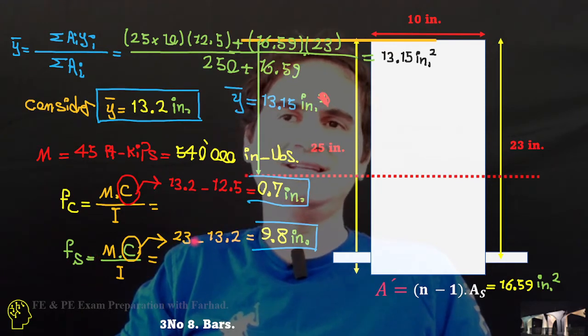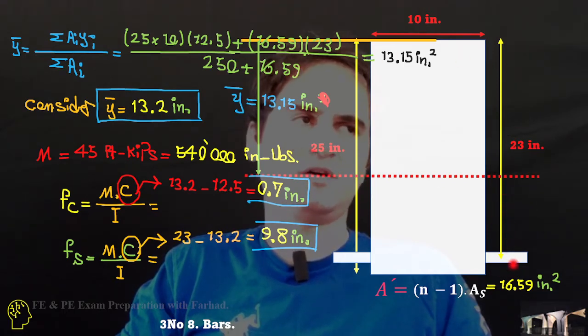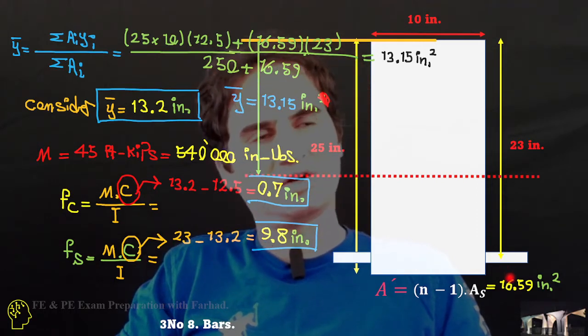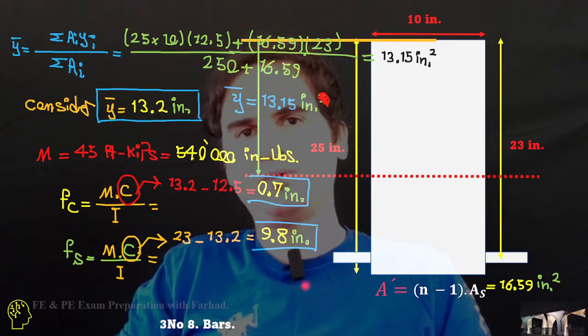For steel, that's 23 minus 13.2, where 13.2 is y bar from the top, giving the distance from the centroid to the equivalent concrete of the steel, which is 9.8.